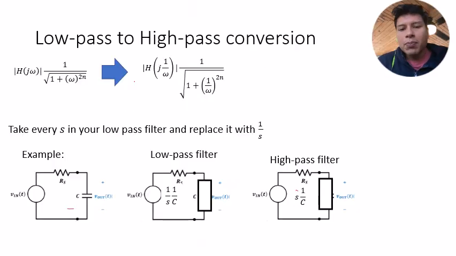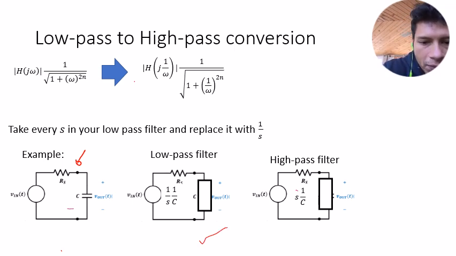Okay, so let's look at this process a little more closely of what I was alluding to. If I have this circuit here, and it's a low pass filter, so here's my circuit, and the impedance is just 1 over SC.